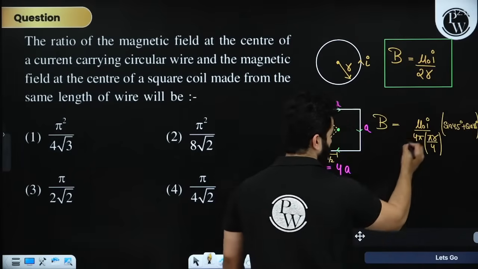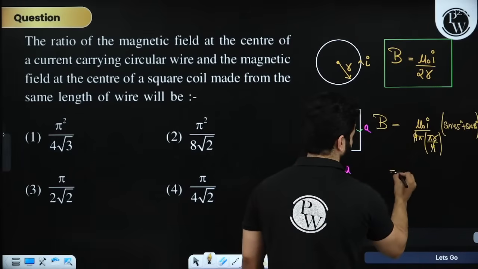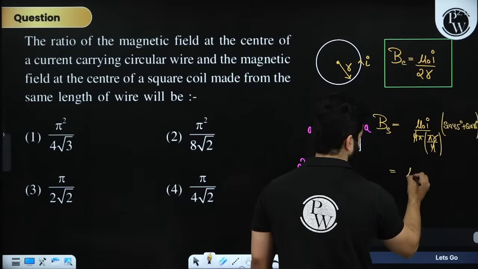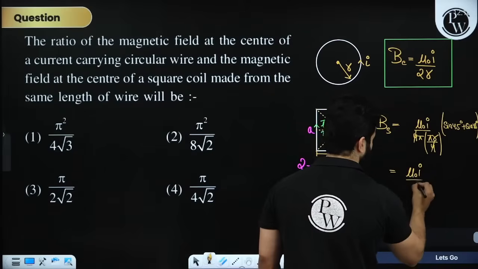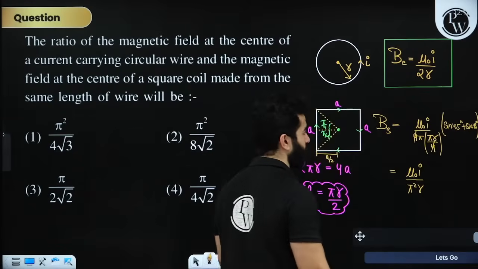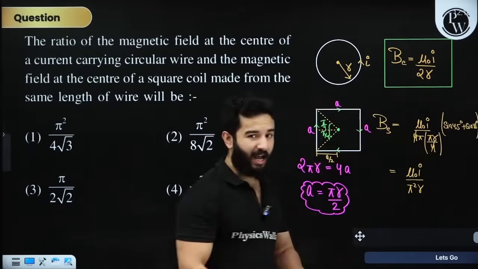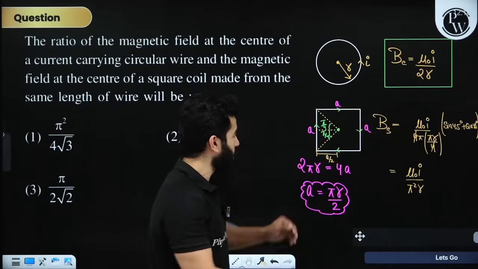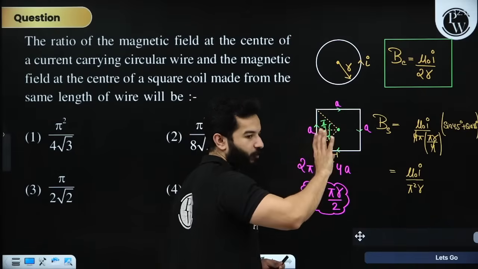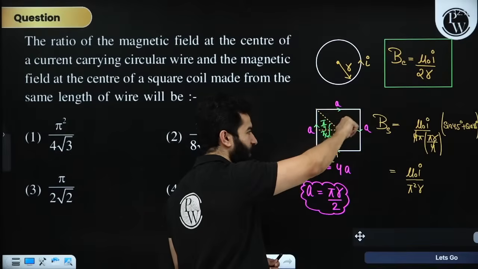So this 4 and 4 can get cancelled out, and this is the magnetic field due to the square loop. This was due to the circular loop. So you are going to get mu naught I upon pi square R, and sine 45 will become... and by the way, this is just about one wire. If you are going to talk about the entire square loop, we have 3 more wires and the magnetic field is in the same direction.